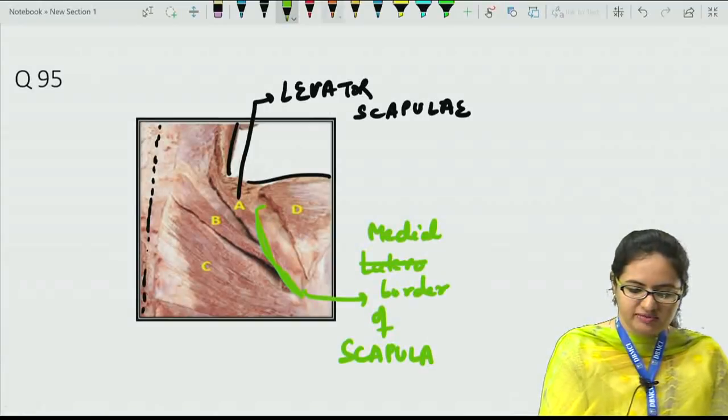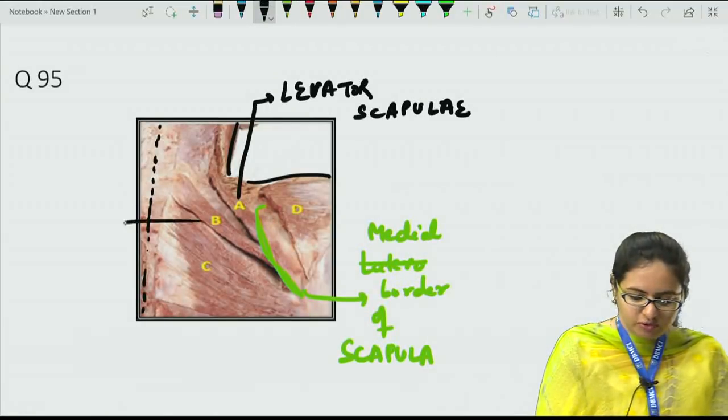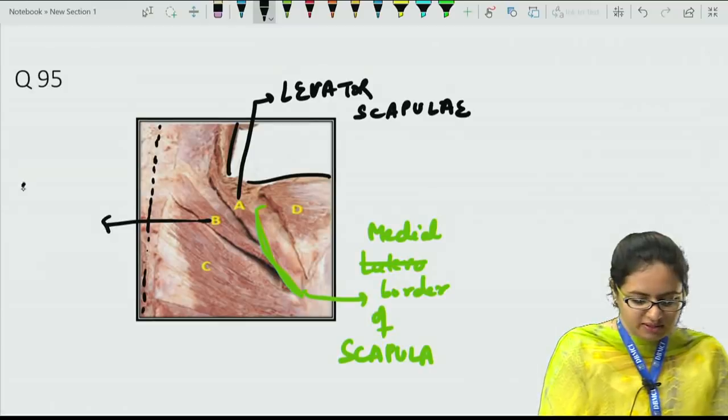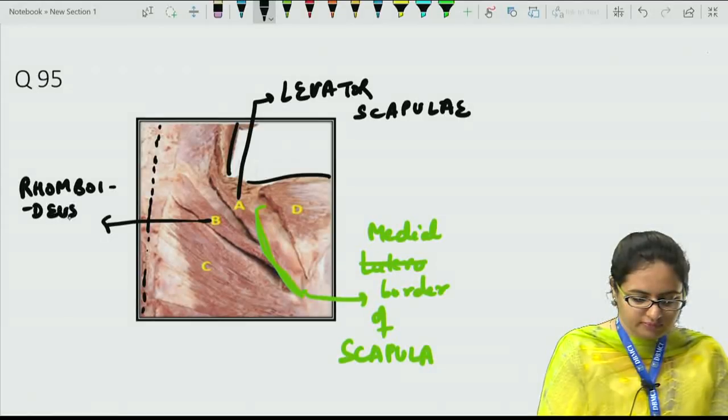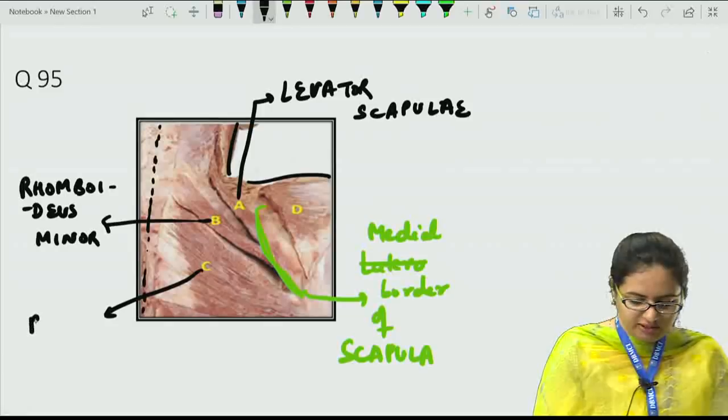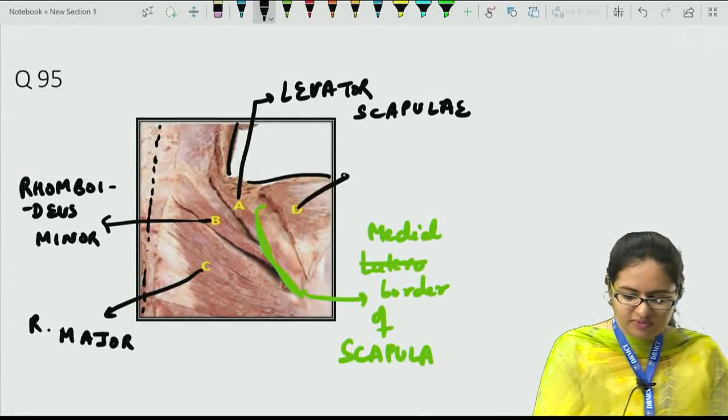The A muscle is the levator scapulae muscle. The B muscle is the rhomboid minor, and just below that we have the rhomboid major. And this D muscle is the cut muscle fibers of trapezius.